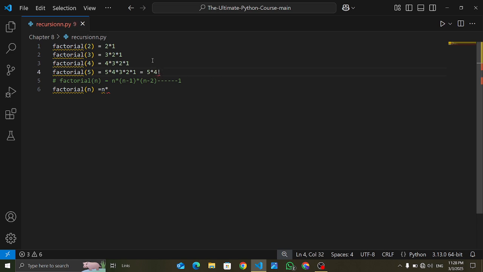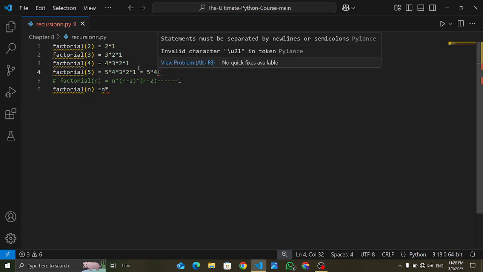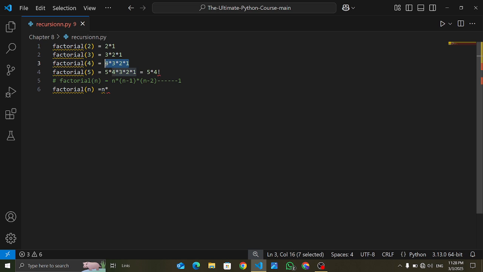Yes, it is true, because 4 factorial is nothing but 4 multiplied by 3 multiplied by 2 multiplied by 1.